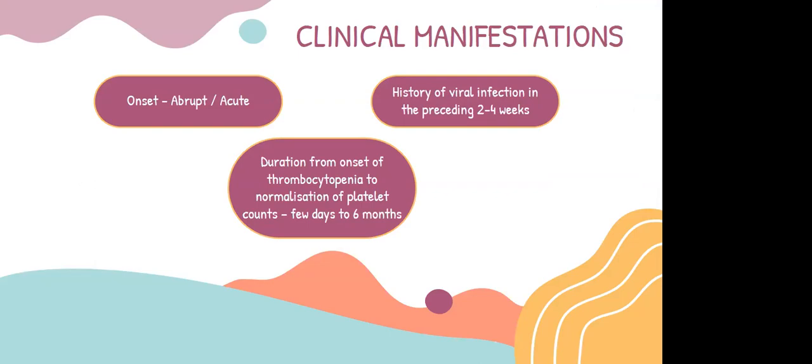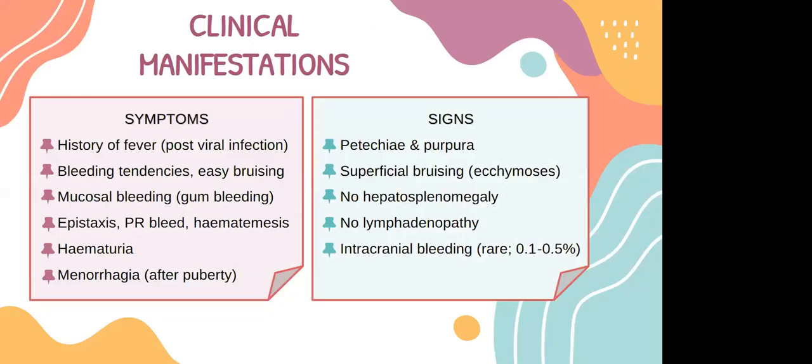Average is 3 weeks. Usually thrombocytopenia is diagnosed incidentally during a routine full blood count. For symptoms, patients can have a history of fever, bleeding tendencies, mucosal bleeding, epistaxis, parietal bleeding, hematemesis, or even hematuria.